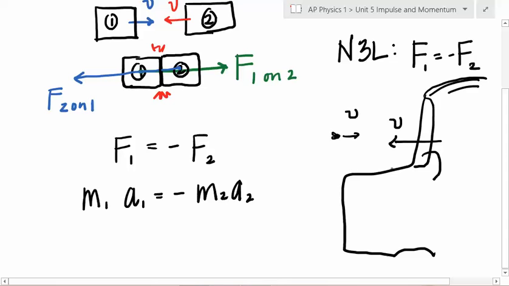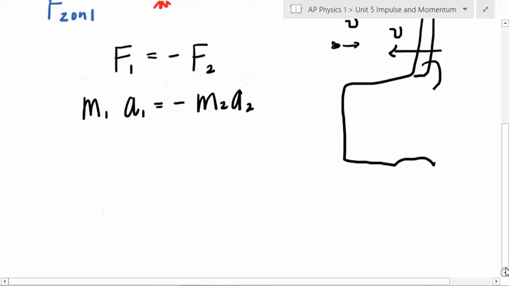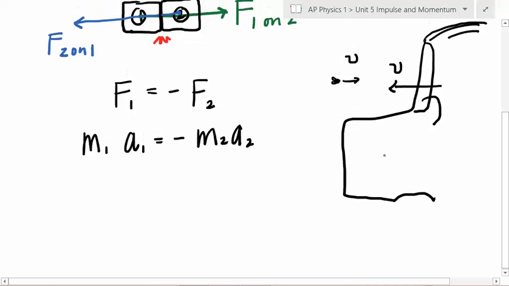During the collision, which object experiences the greatest force? Is that what Newton thinks? What is? They're equal but opposite.